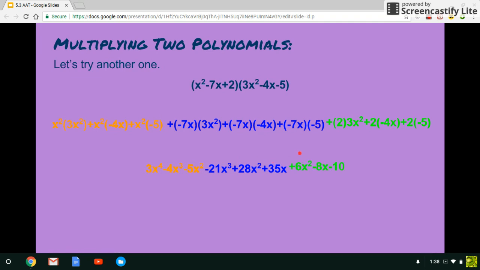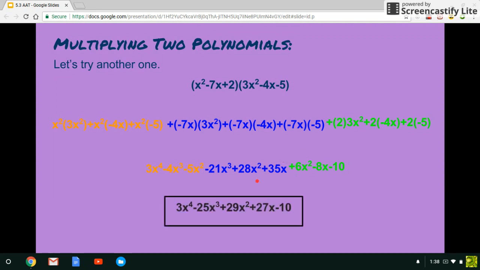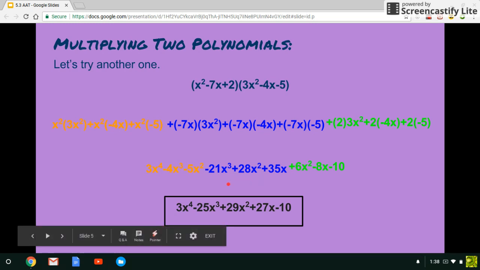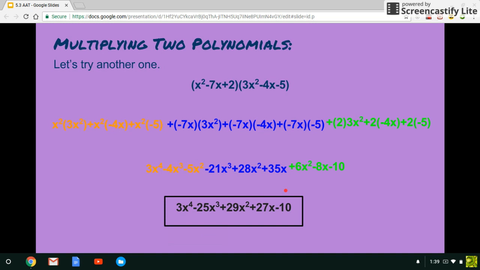And then the last part becomes 6x squared minus 8x minus 10. So from here, we just have to combine our like terms to get the answer. So we end up with 3x to the fourth minus 25x cubed plus 29x squared plus 27x minus 10. And there's our final answer.